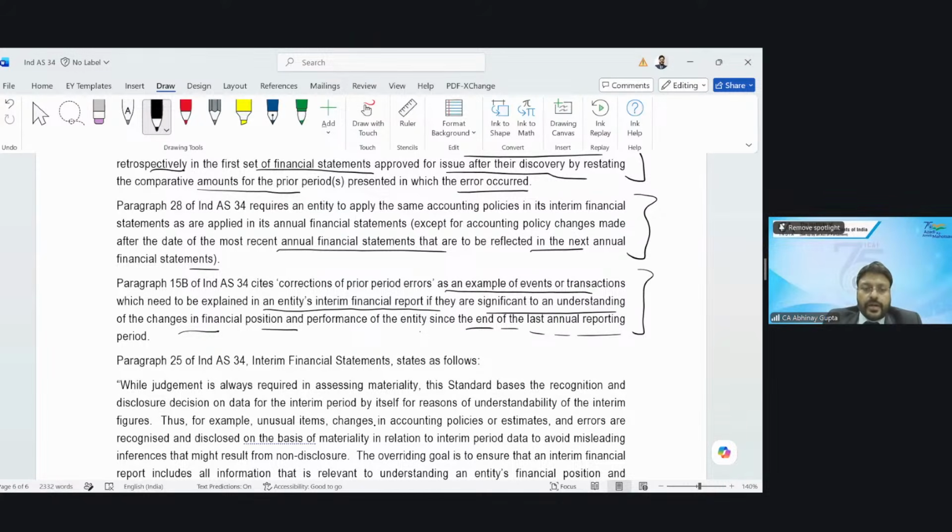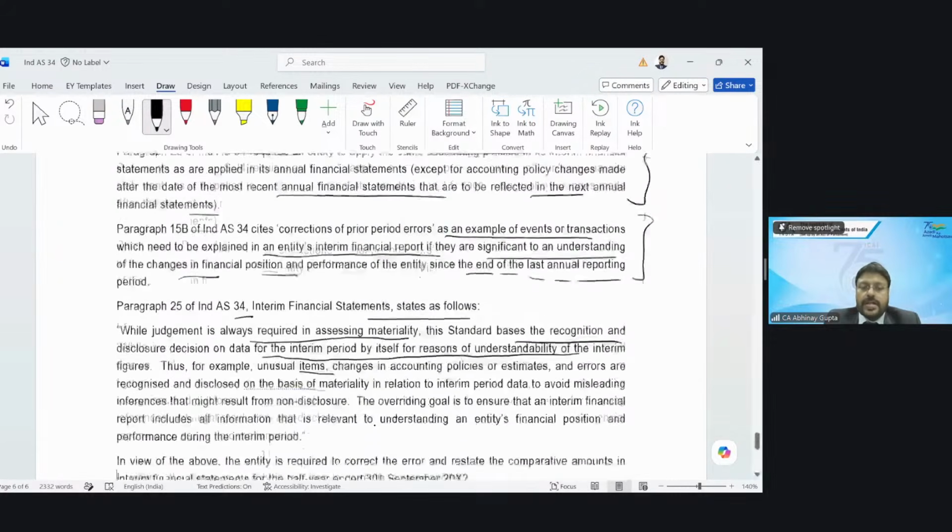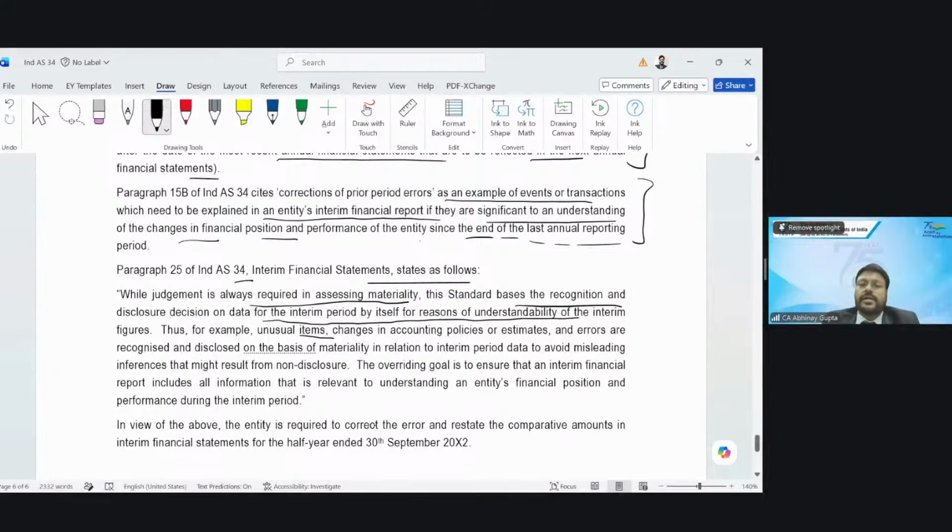Para 25 of Ind AS 34 states as follows. While judgment is always required in assessing materiality, this standard bases the recognition and disclosure decisions on the data for the interim period by itself, for reasons of understandability of the interim figures. Thus, for example, unusual items, changes in accounting policy, estimates or errors are recognized and disclosed on the basis of materiality in relation to the interim period data to avoid misleading inferences that might result from non-disclosure.